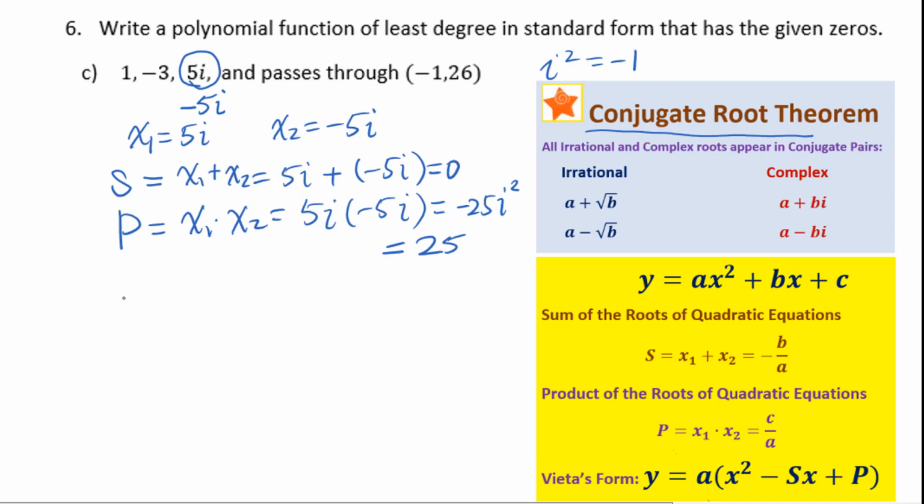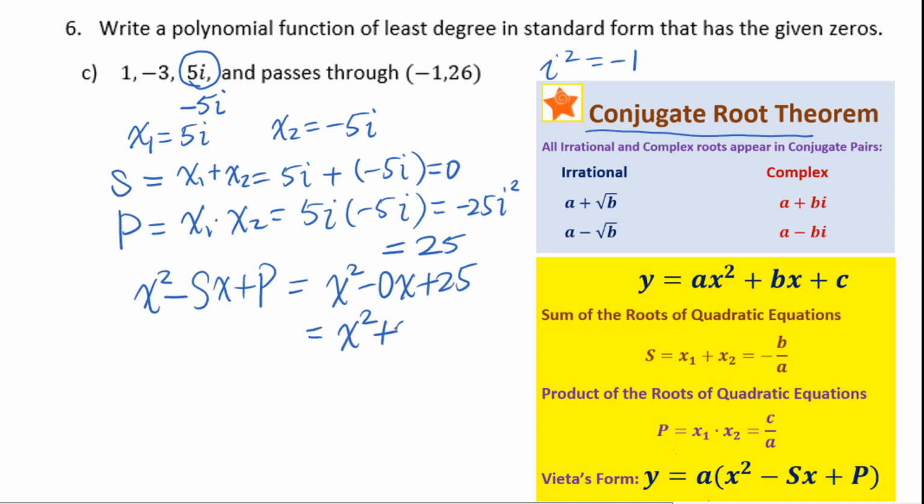Because we're looking for the function with roots 5i and negative 5i, we can assume a equals 1 in this situation. So we get x squared minus sx plus p equals x squared minus 0x plus 25.